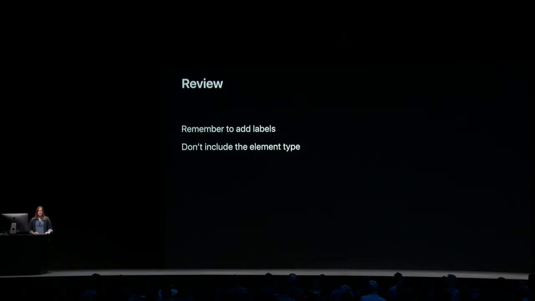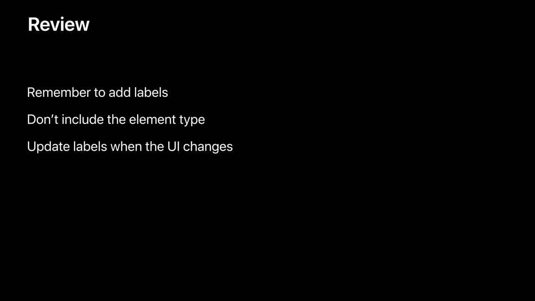So let's review. Remember to add labels so that VoiceOver doesn't speak button, button, button. Don't include the element type in your label because VoiceOver gathers that info already. So hearing add button, button is unnecessary. Update the labels when your UI changes.